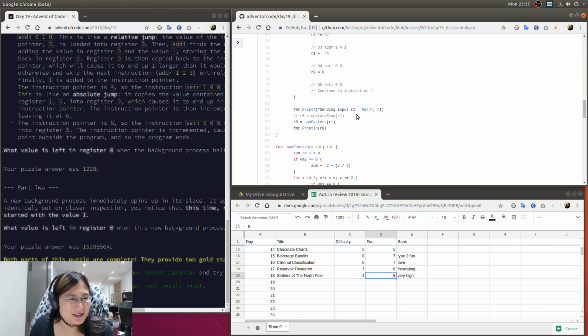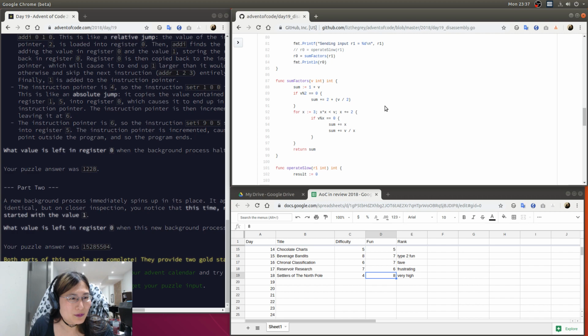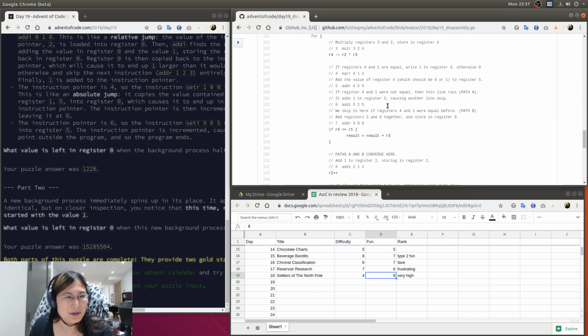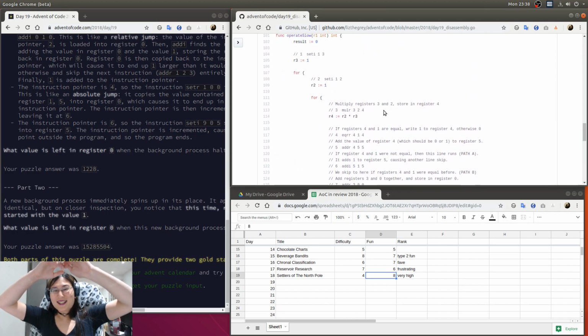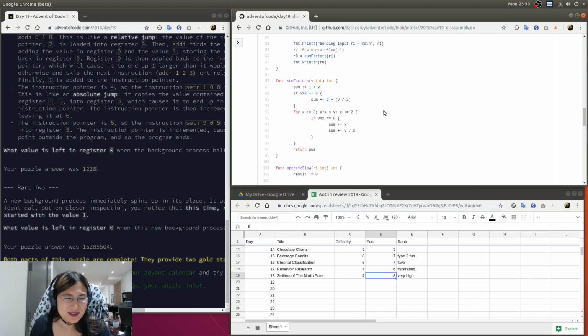So it turns out that it's trying to do a really, really slow operation of multiplying x times y and checking to see whether it equals the number we're trying to factor, and incrementing x and y one at a time, because there's no division in this language.